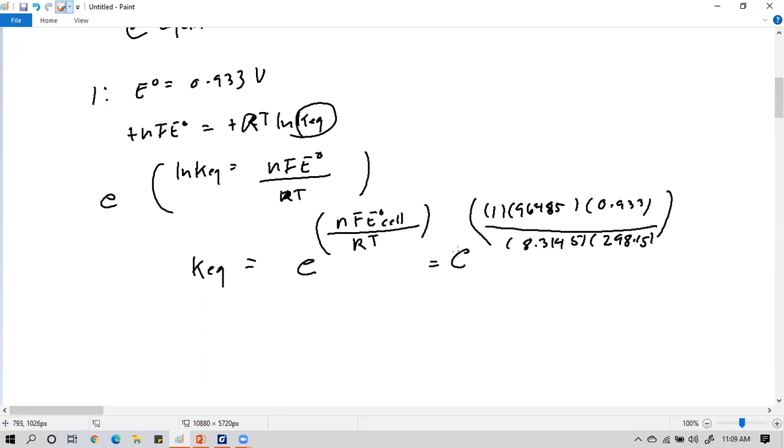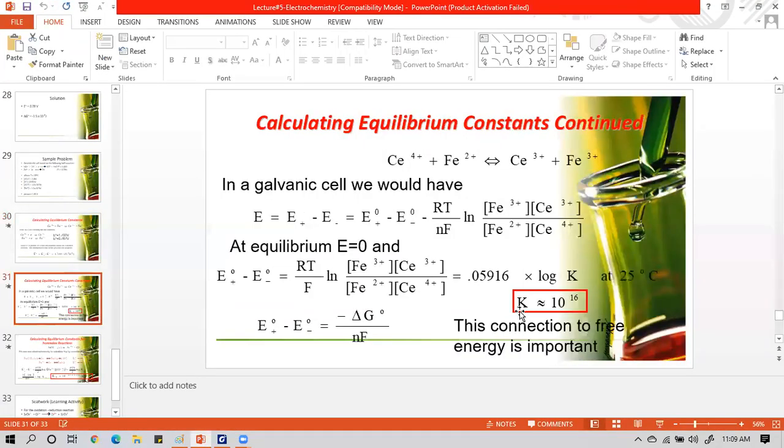So the answer to this is the KEQ will be 5.899 times 10 raised to 15. Actually, it's times 10 raised to 16.